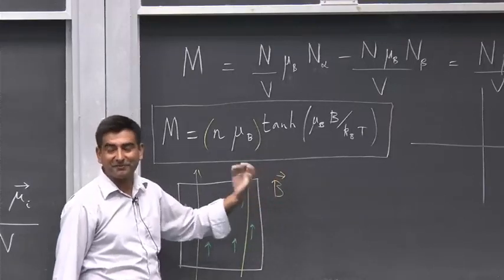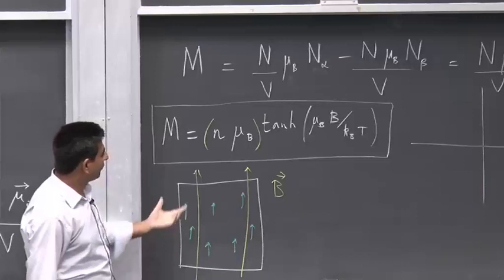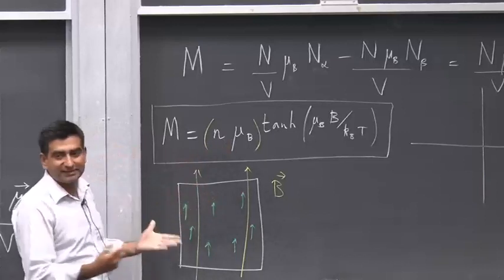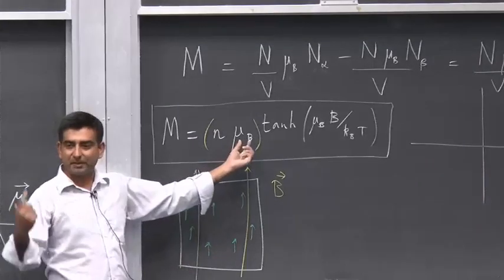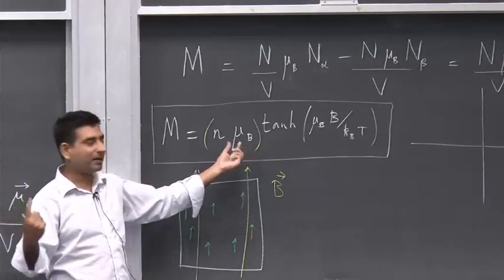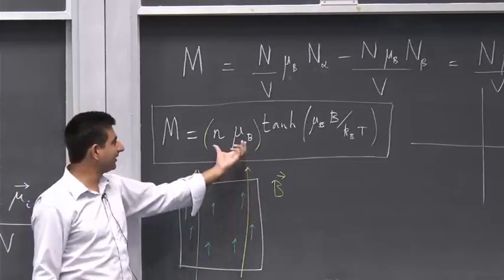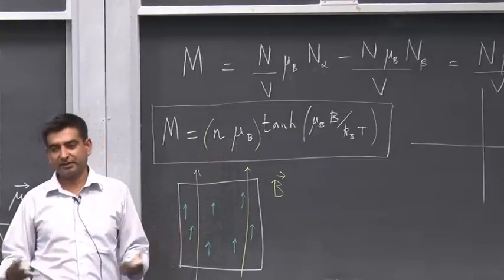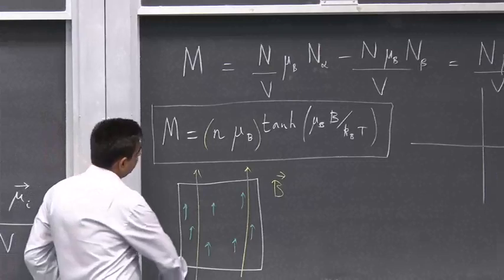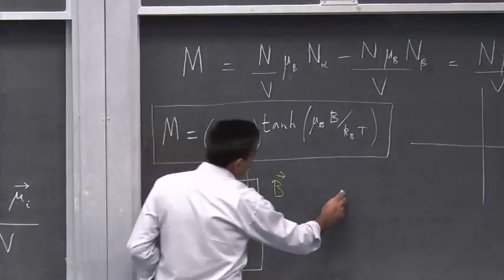So then the magnetization of this sample will be n times mu b, and this is simple to understand. Mu b is the moment of each spin and the number of spins per unit volume is n. So this object is called the saturation magnetization. So this n into mu b is Ms.